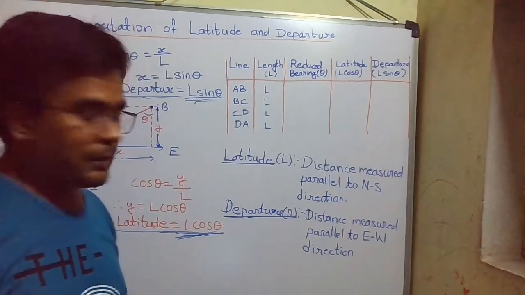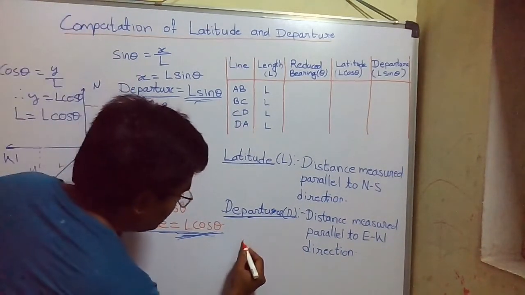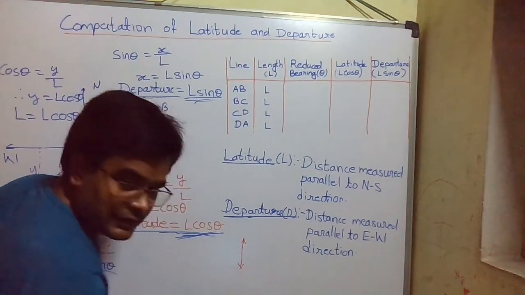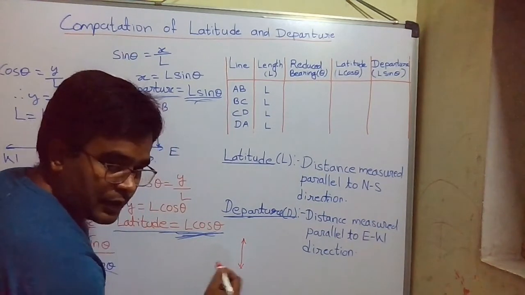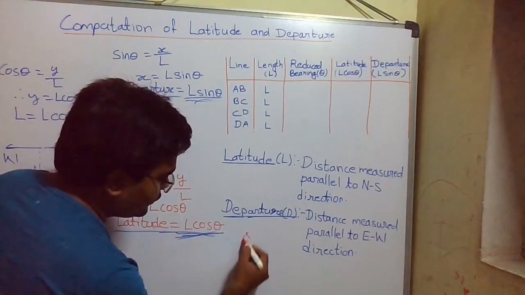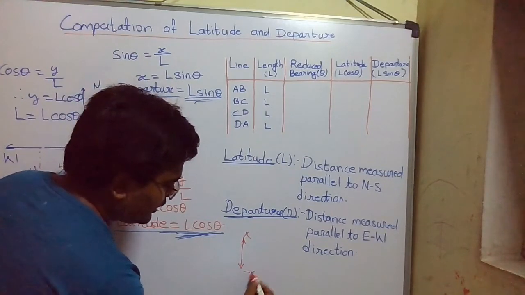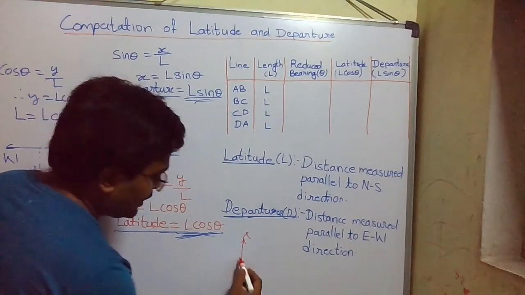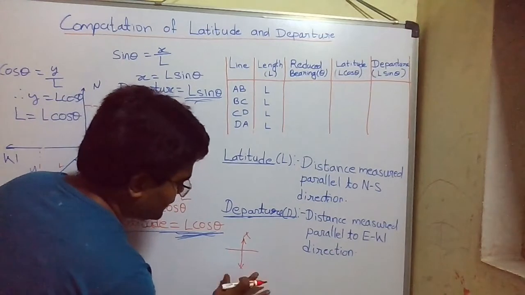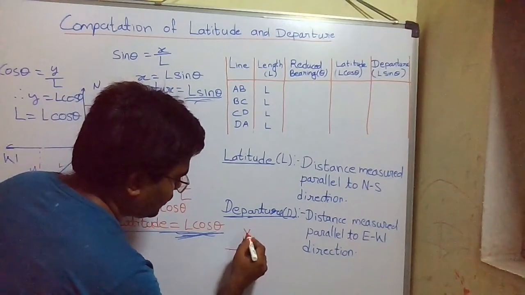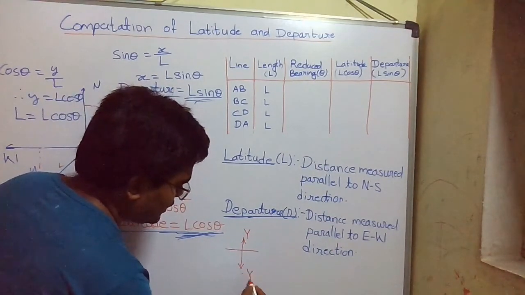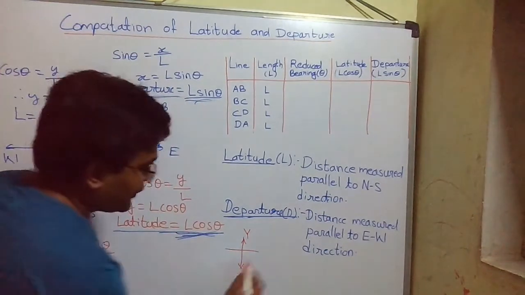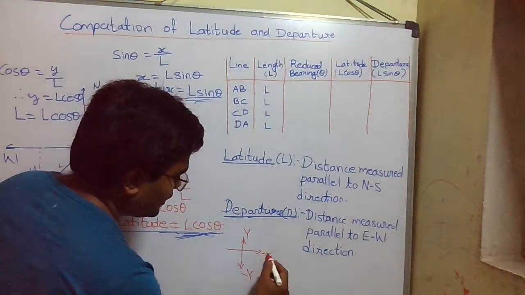In a simple graph, as we generally plot on graph papers, this is the positive x direction and this is the negative x direction, and this is the positive y direction and this is the negative y direction.